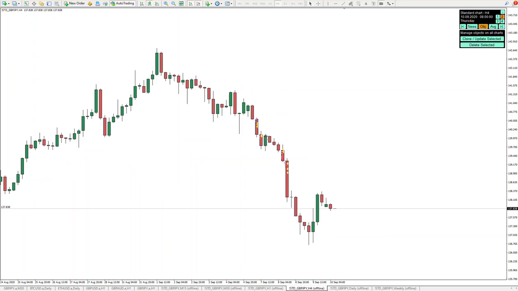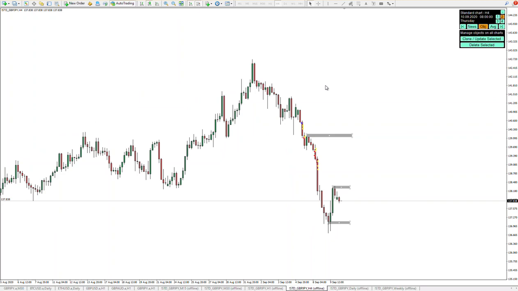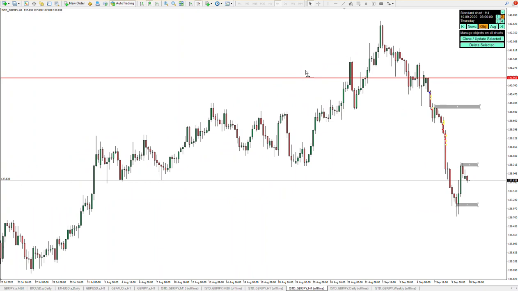Let me draw some zones, resistances. Let me draw the support, recent support. Let's see what we can find. Before, let's also draw this one. What do we have to the left?